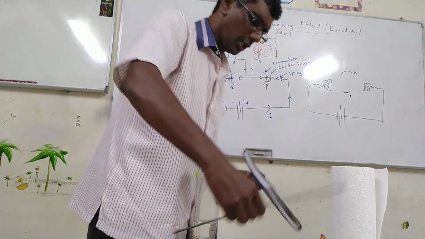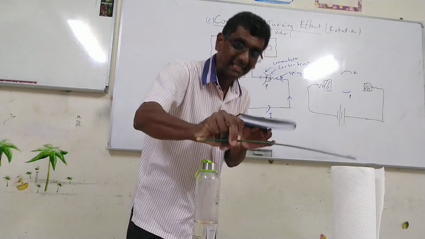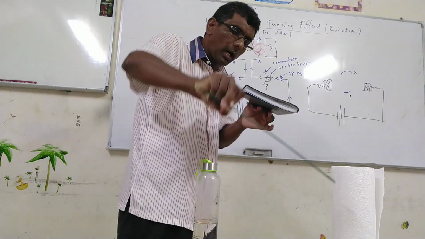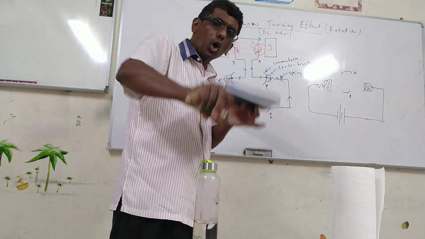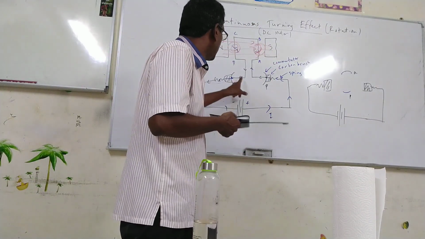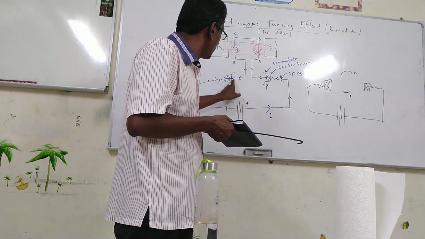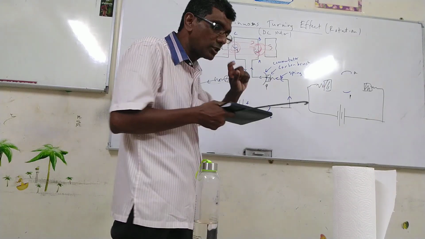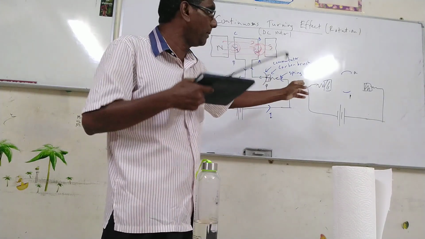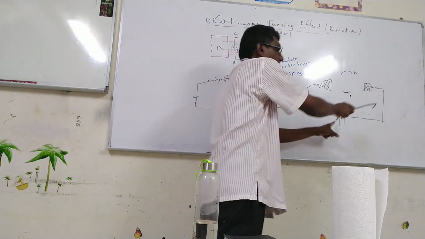Like this. So the coil ABCD and the commutator are linked. The commutator follows the coil, because the commutator and one end of the coil are soldered together. So the carbon brush touches and goes. The carbon brush is fixed in place with the battery.